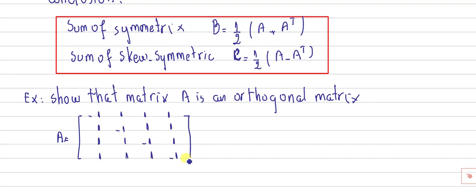This is matrix A, multiplied with 1 over 2.